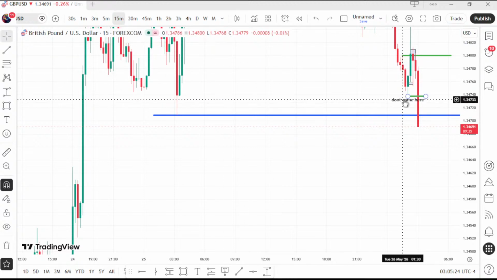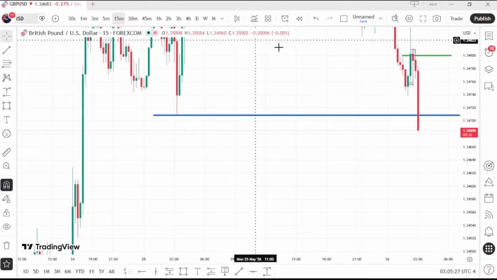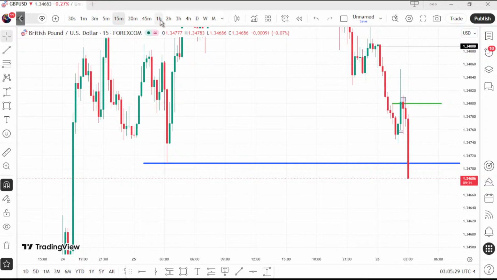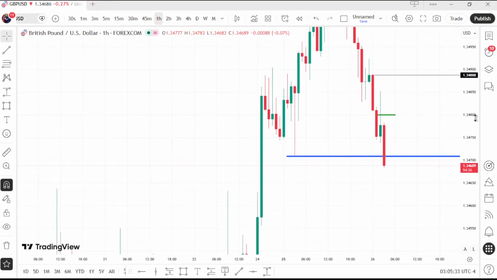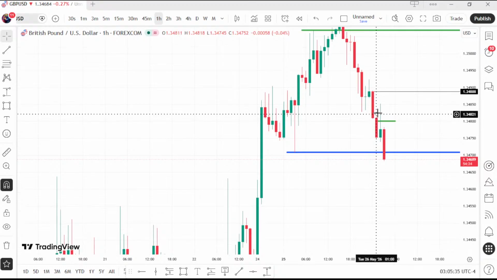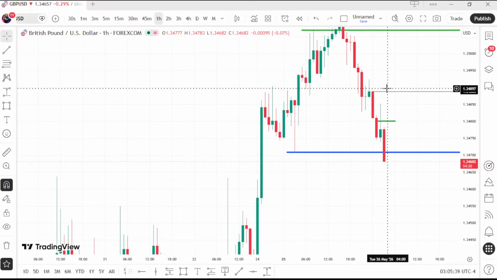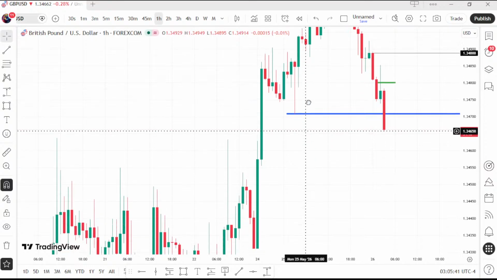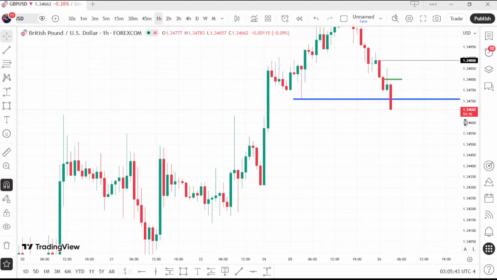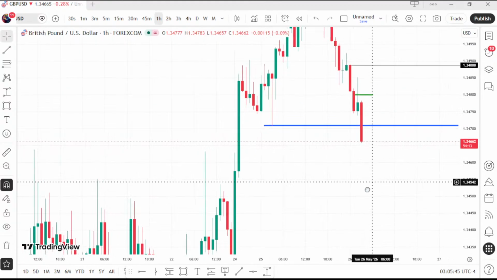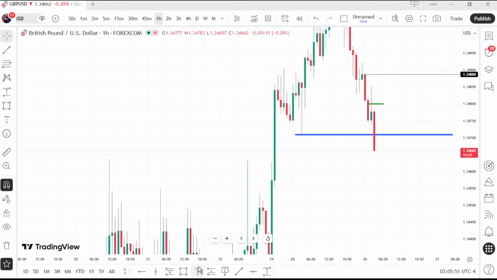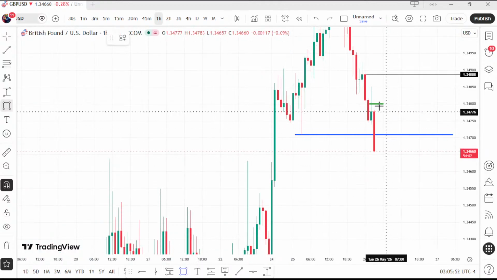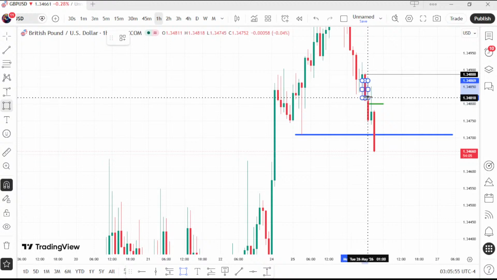And yes, the hourly price is coming inside that fair value gap. We were dead wrong, is there? Oh, yes, we are wrong. See that fair value gap in the hourly?